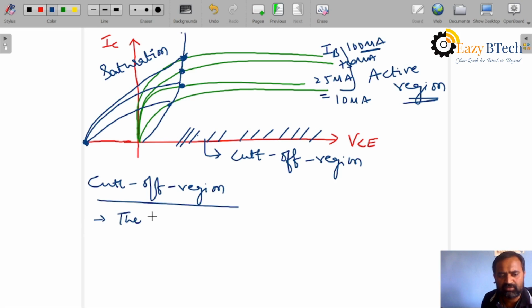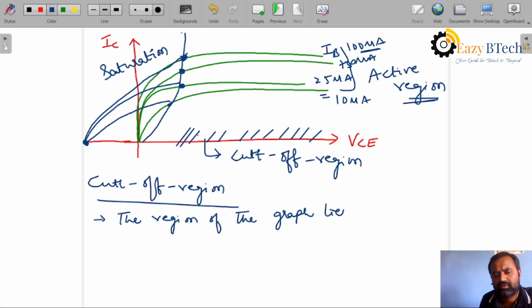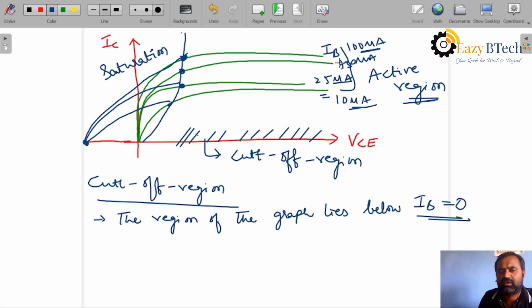The region of the graph that lies below IB equal to 0. Now these are all IB values: 10 microampere, 25, 75 or 100 microamperes.